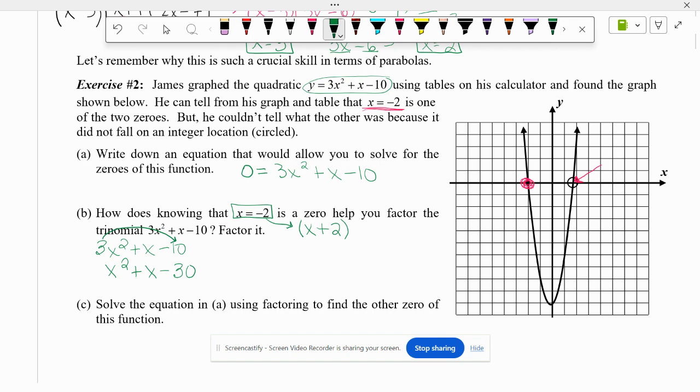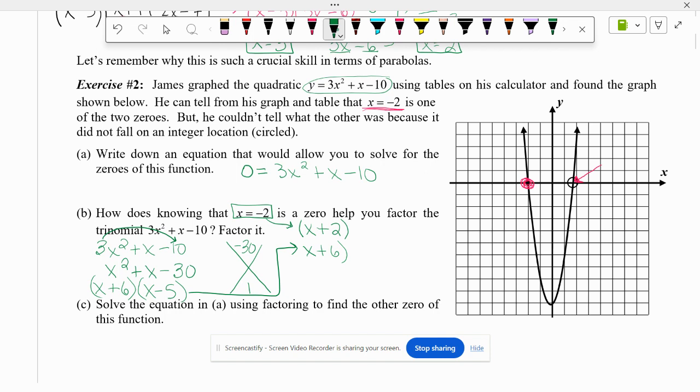And I'm looking for two numbers that allow me to get a negative 30 as a product and a sum of 1. Well, that sounds like x plus 6 times x minus 5. So those are the two factors, but remember, I still have to divide.